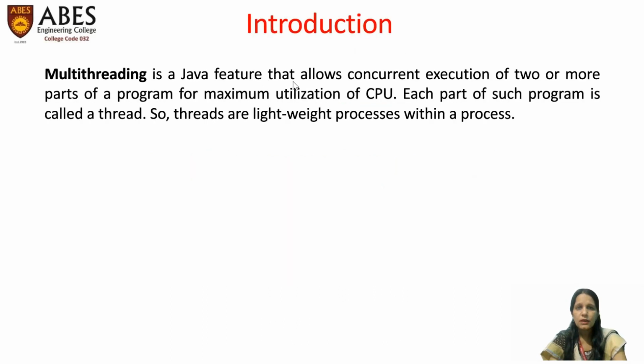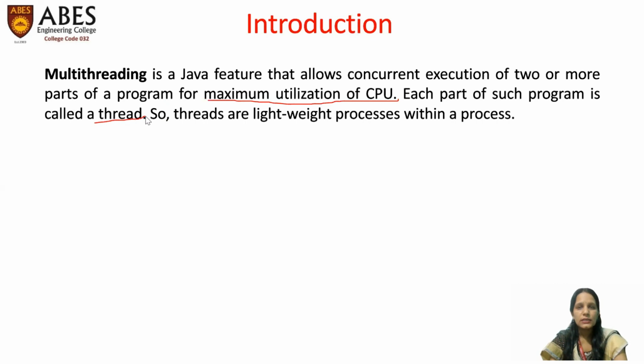It is a Java feature that allows concurrent execution of two or more parts of a program for maximum utilization of the CPU. The motive is the same. That means we want our CPU to do more tasks. In a single program, we may have more than one part that will execute concurrently, right? Each part of a program is called a thread.